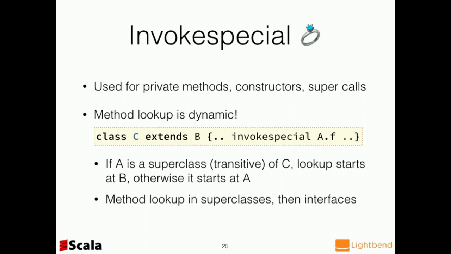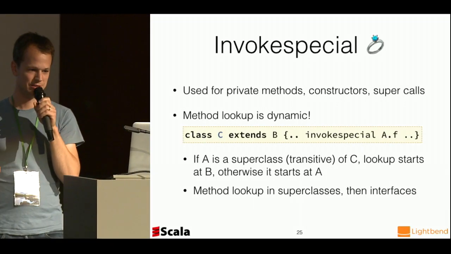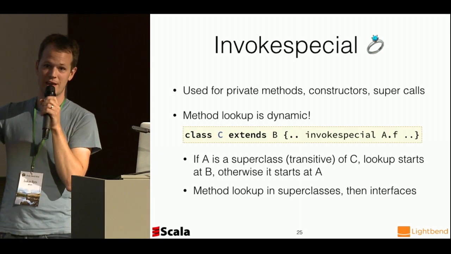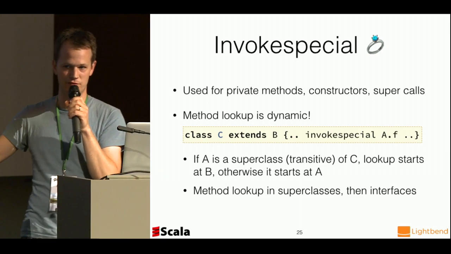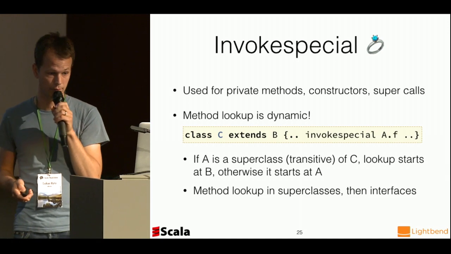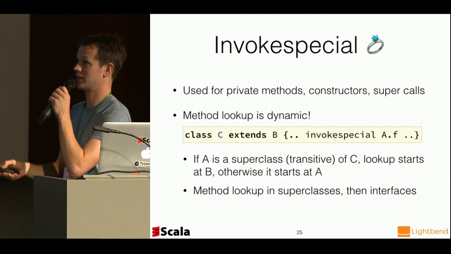And one thing we were not very aware of until recently, I guess some people were, is that Invoke Special is doing dynamic method lookup. So you cannot just say invoke special A.f and it will invoke the method f defined in A, but in certain cases it will actually do a dynamic lookup. This is a simplified version of the spec.